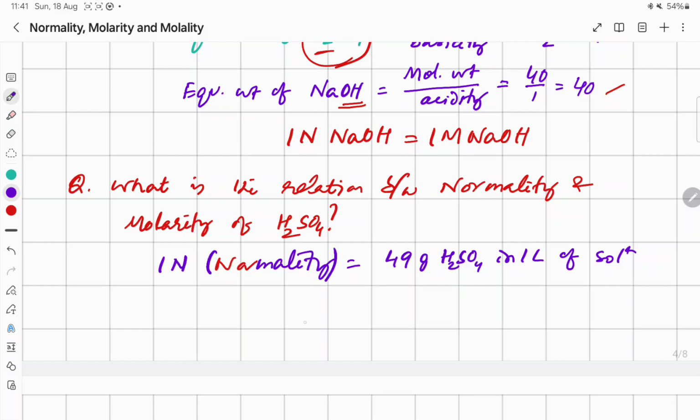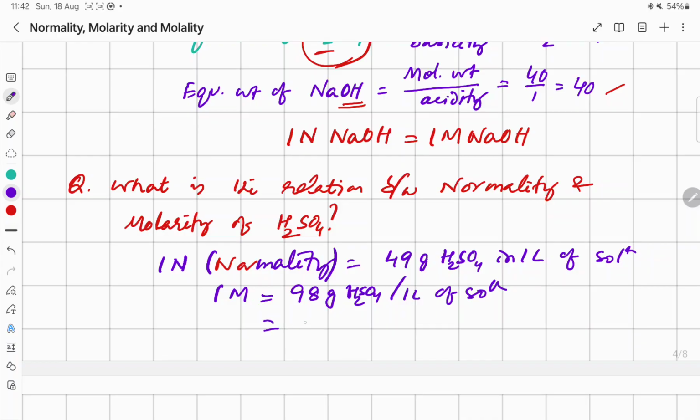Okay, and if we take 1 molar, then it will be molecular weight in grams. 1 mole is equivalent to 98 gram H2SO4 per 1 liter of solution.